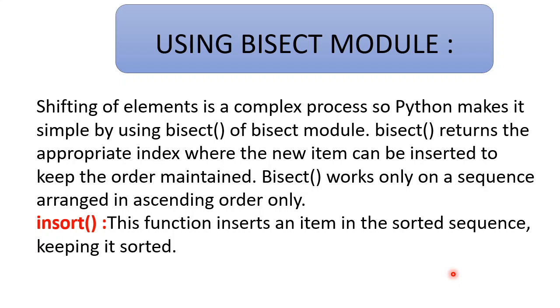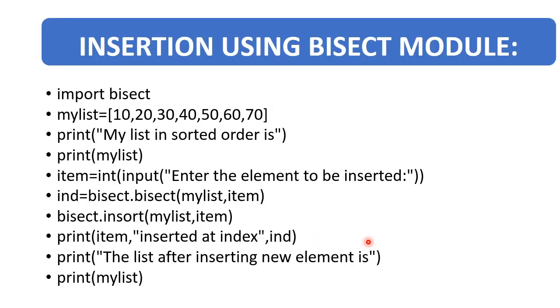So this is a limitation of the bisect module. The bisect module only finds the appropriate index, and to insert that element at the appropriate position, we will use the insert method. Insert will insert an item at its particular position.